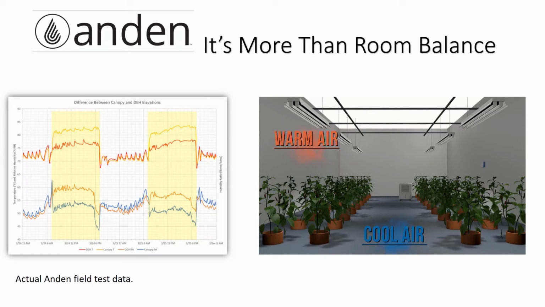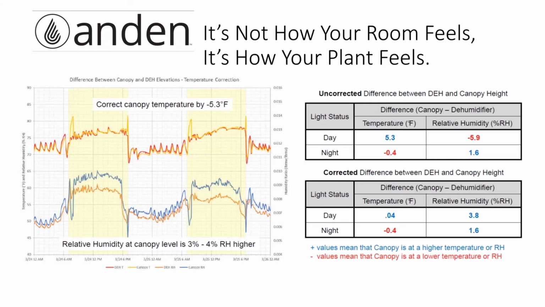That can be the difference between having a consistent, good, high-quality yield or having things like white powdery mildew. So what we were working with them to do, and what we will work with everybody to do, is help correct the canopy temperatures versus the room temperatures, which will help balance the relative humidity versus the way the relative humidity feels in the room. It's all about making sure that the plant feels the way it needs to, not that the room feels the way that it needs to.